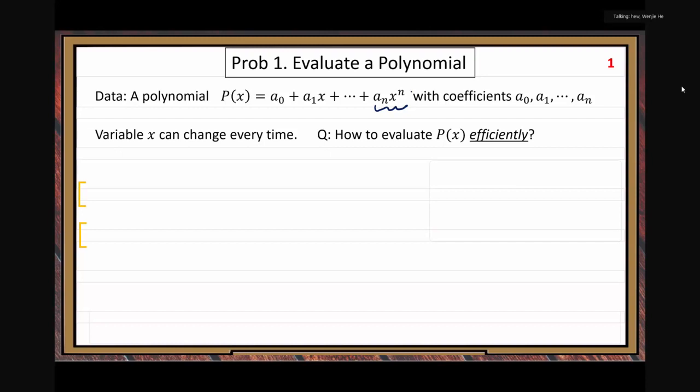So here our emphasis is on efficiency. Because I know everyone can find the correct answer. Basically what do you do? Additions and multiplications, right? You know how to do additions and multiplications to get the correct answer.